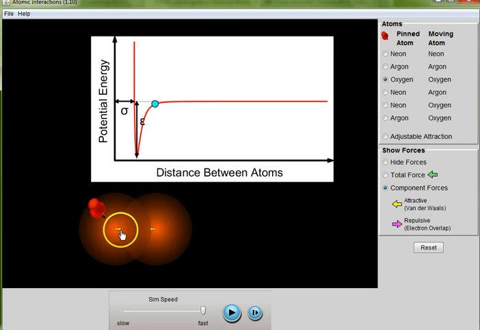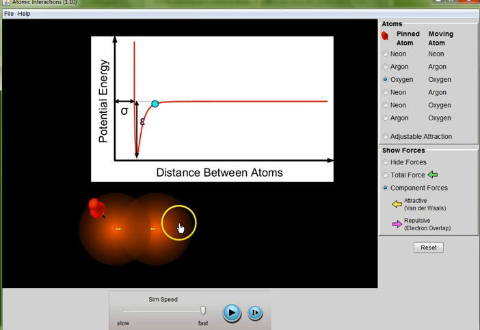The nucleus of this atom is attracted towards the electrons of the other atom, and vice versa. Remember that the nucleus is really small compared to the atom, so most of this space is empty.